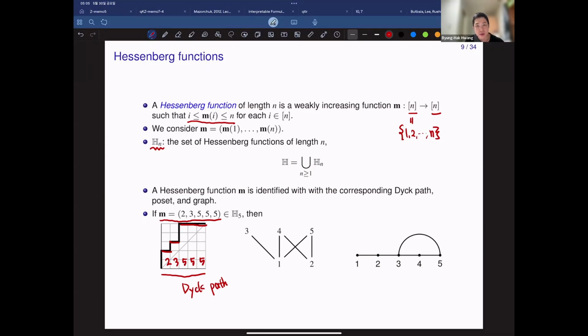There is also a poset corresponding to 2, 3, 5, 5, 5, which means the unit cells under this thick path.